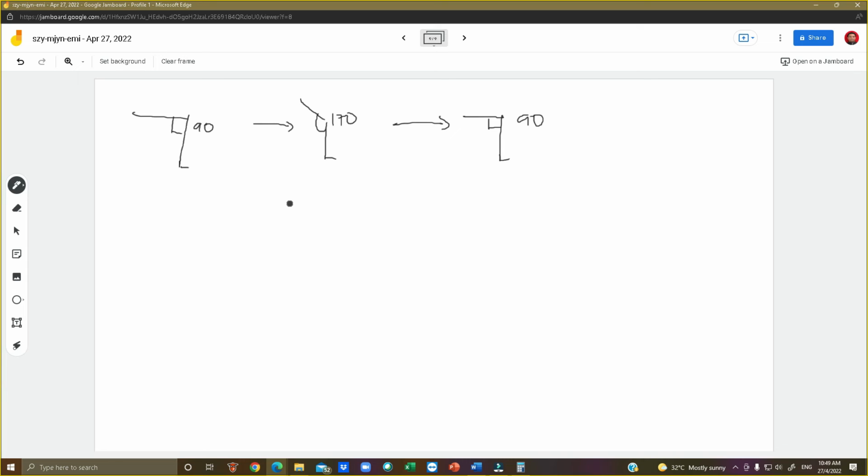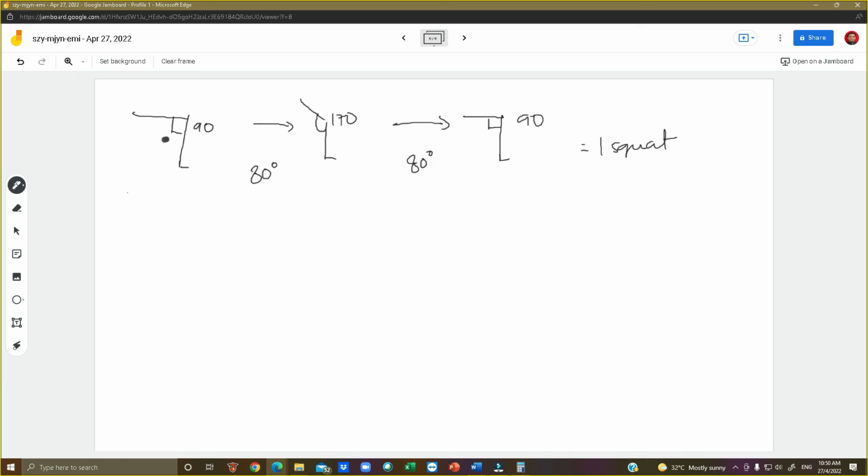Kita tengok satu je dekat lutut. So the change, how much distance for this movement at the knee? How much distance covered by the knee for one squat? 90 pergi 170, we have 80. 170 pergi 90, we have another 80.